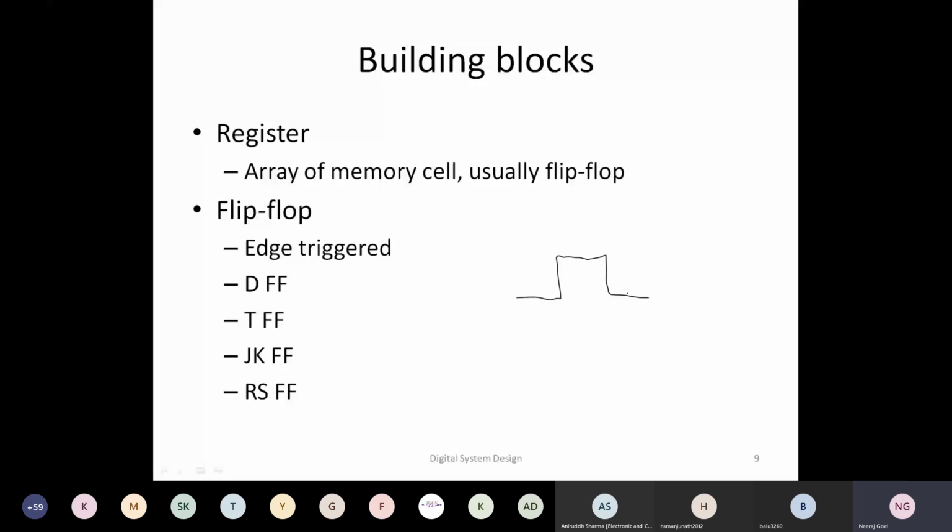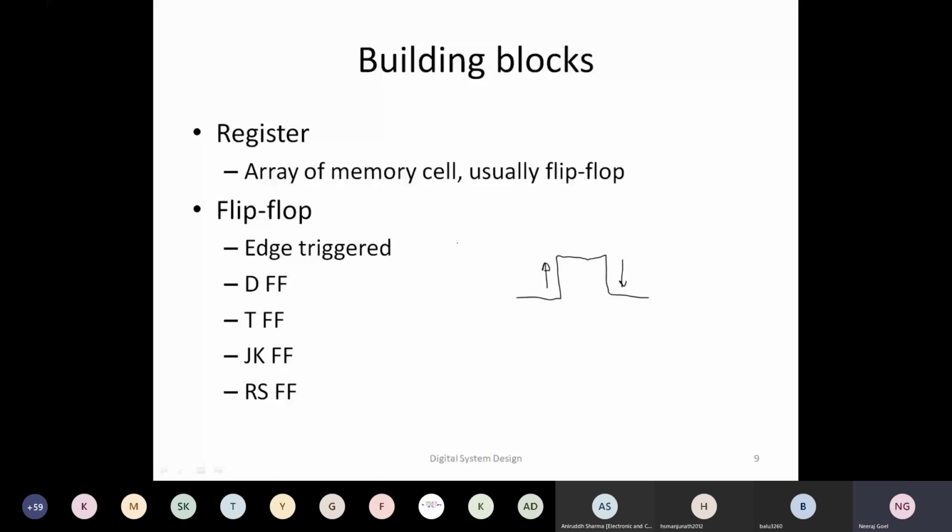So during the positive level, whatever changes are there in the input, that would be captured by your latch. But in a flip-flop, the changes can be captured only at the falling edge of the clock or the rising edge of the clock. So this particular one is the rising edge, and this is the falling edge.